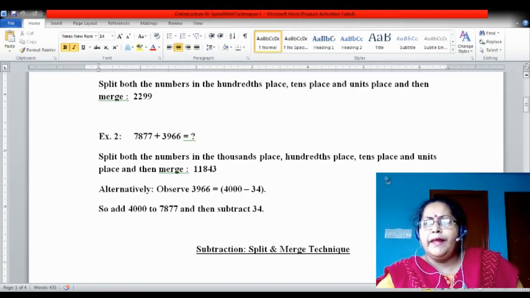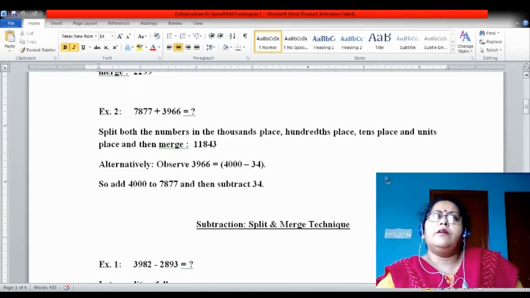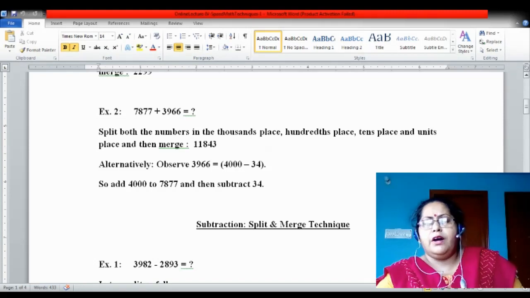The method is numbers in rows and then subtract vertically. What else can we do with split and merge?